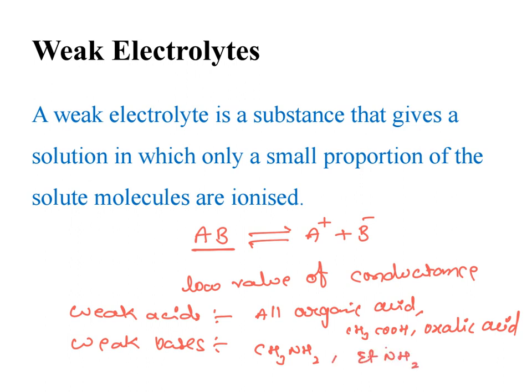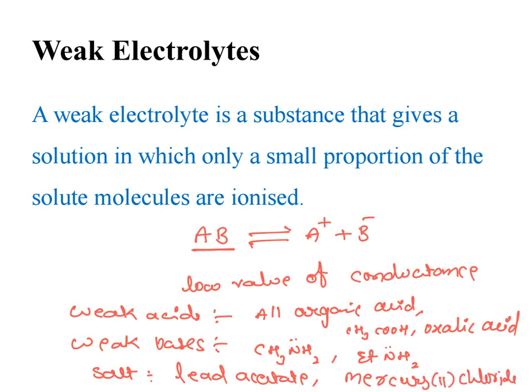Organic amines are weak bases and weak electrolytes. And some salts like lead acetate, mercury chloride, these salts are also weak electrolytes. So in these cases we cannot observe 100% ionization.